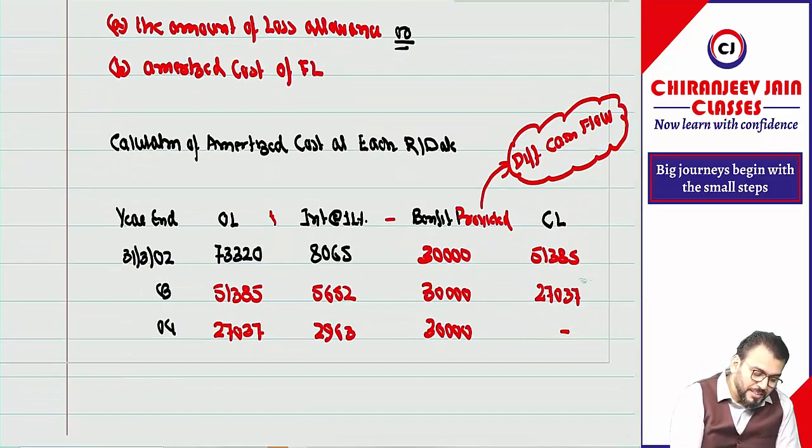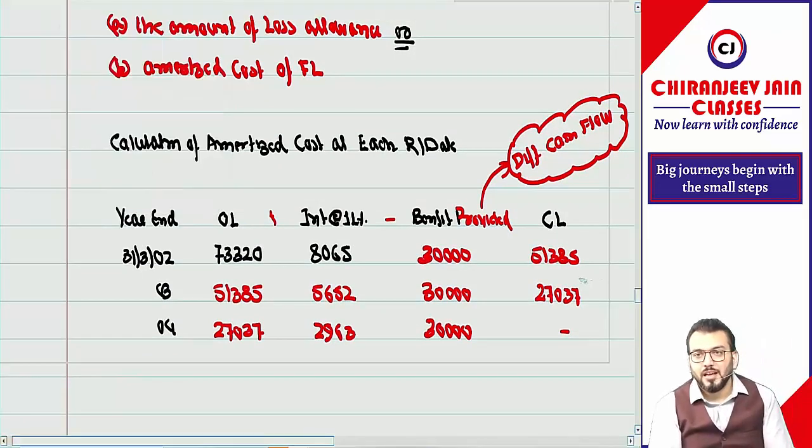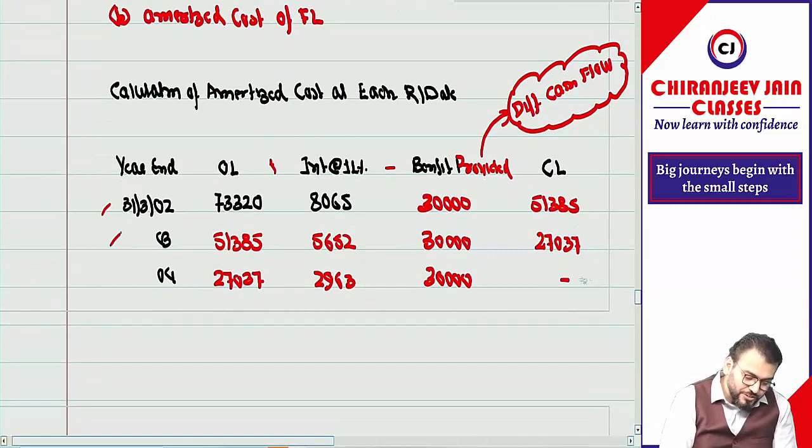Now we'll find out the carrying amount as on the end of the first year and the end of the second year, because they have asked for this year and this year. Correct?